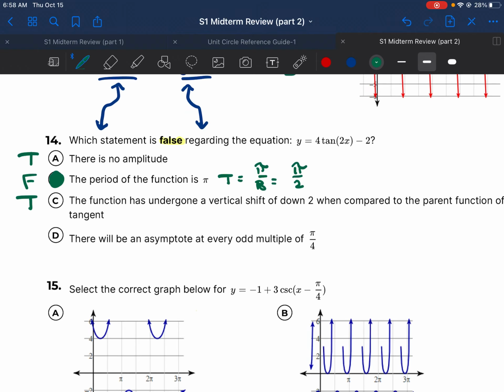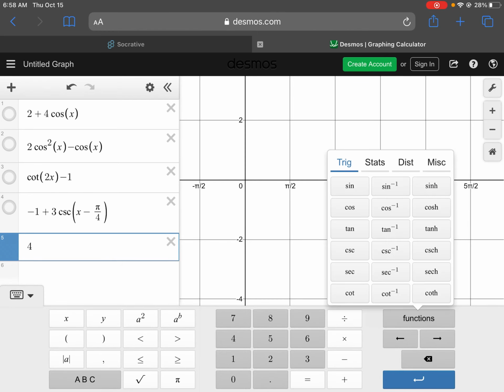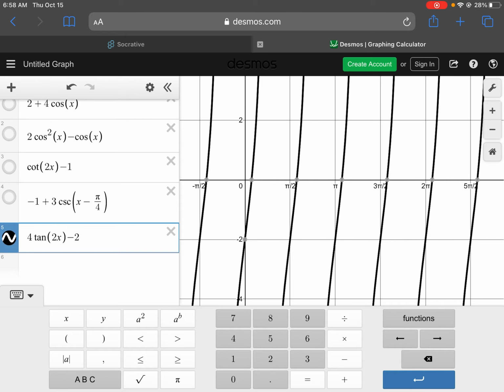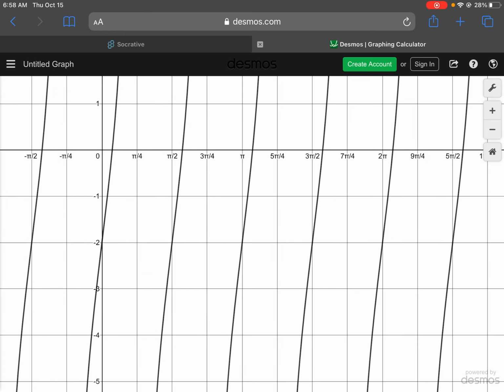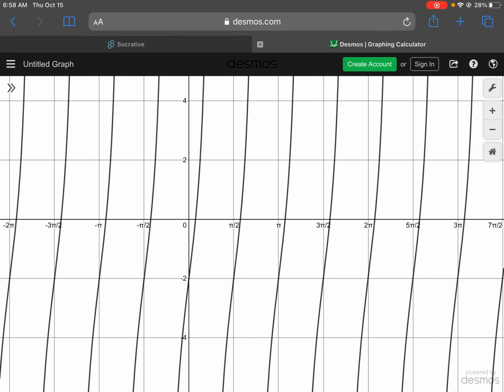Well, let's see why this would be true, and it's best to see this by graphing it. So let's use Desmos to graph 4 tangent of 2x minus 2. Let's get rid of these here and zoom out a little bit, zoom back in.